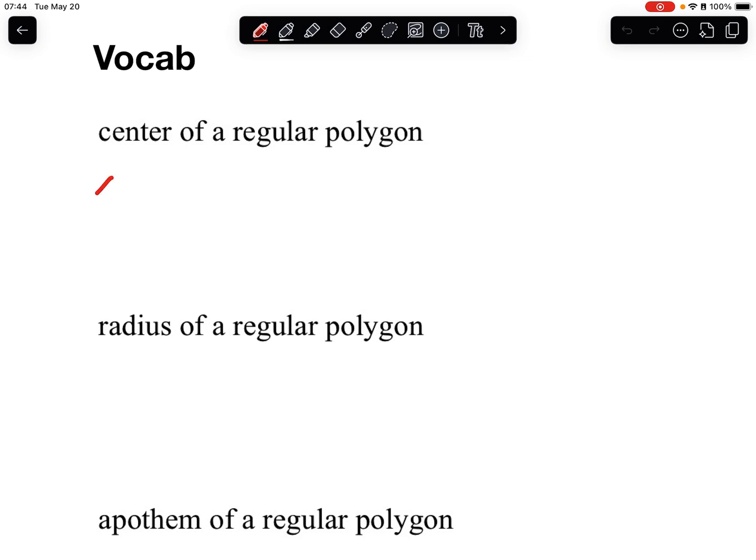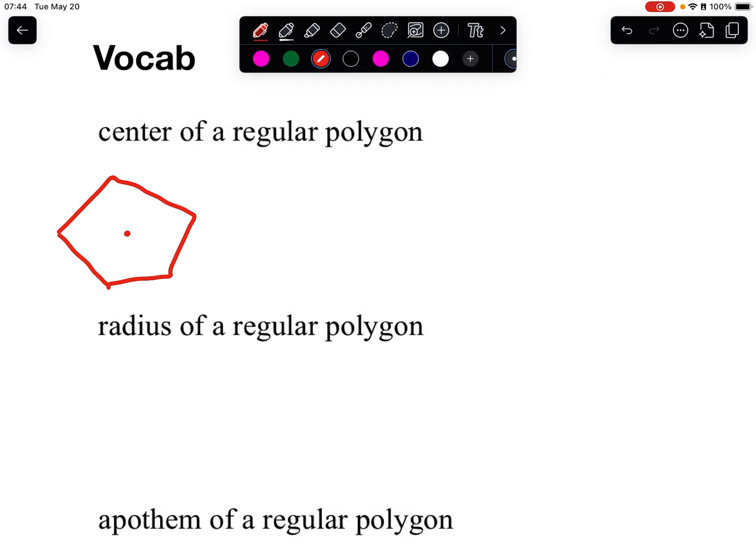Let's start with, okay, what is the center? If you think about a polygon, the center's in the middle. The center is calculated by finding the distance between each of these points, namely the vertices.